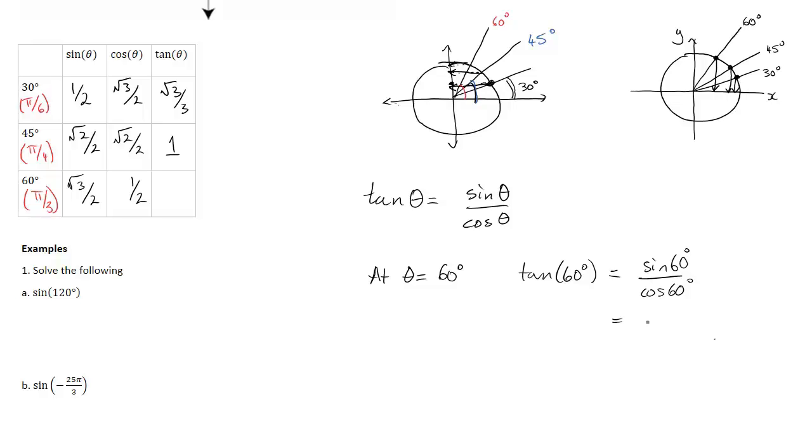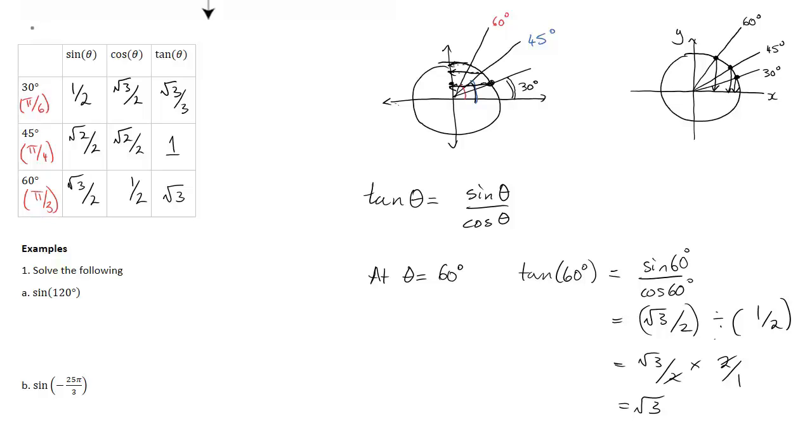So we just take our sine value and divide it by our cos value, which is half. And then that becomes square root of 3 on 2 times by 2 over 1, which can then cancel and you get square root of 3. So that's what the value here is.